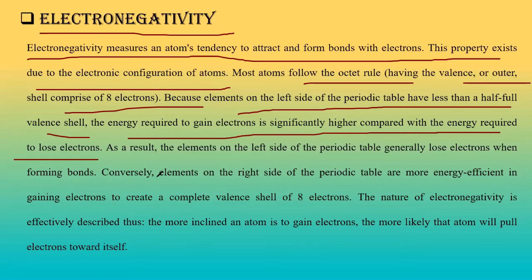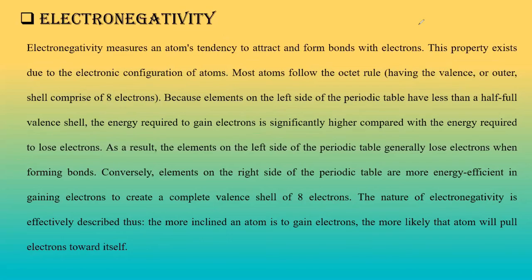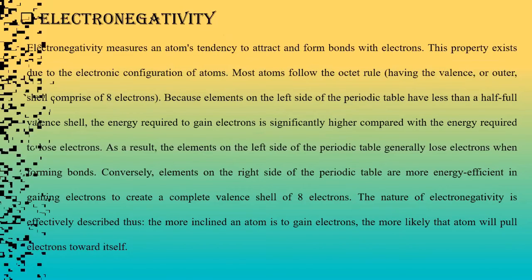Is it better to lose 3 electrons and get rid of them, or is it better to add 5 electrons? Aluminium will say it's better to lose 3 electrons than get 5 electrons, right? That's why it has a lower tendency to get electrons. But if we go to the right side of the periodic table, the reverse will happen. Let us see the trend, then it will be clearly explained.